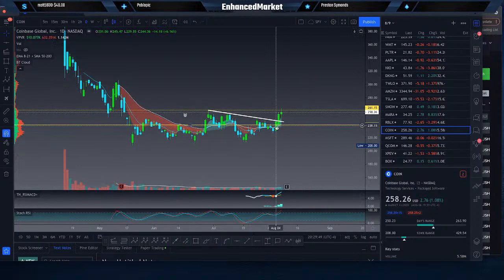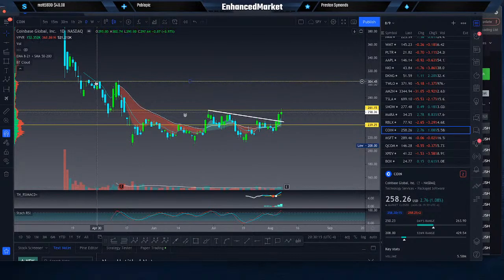Coin. So consolidating, we had multiple touches across this white trend line, and we just broke out and we tested this 261.15 level perfectly. But we rejected it. So if we can get back over this 261 level and close over, we should see some continuation. And the first price target would be this multiple top right here, right?